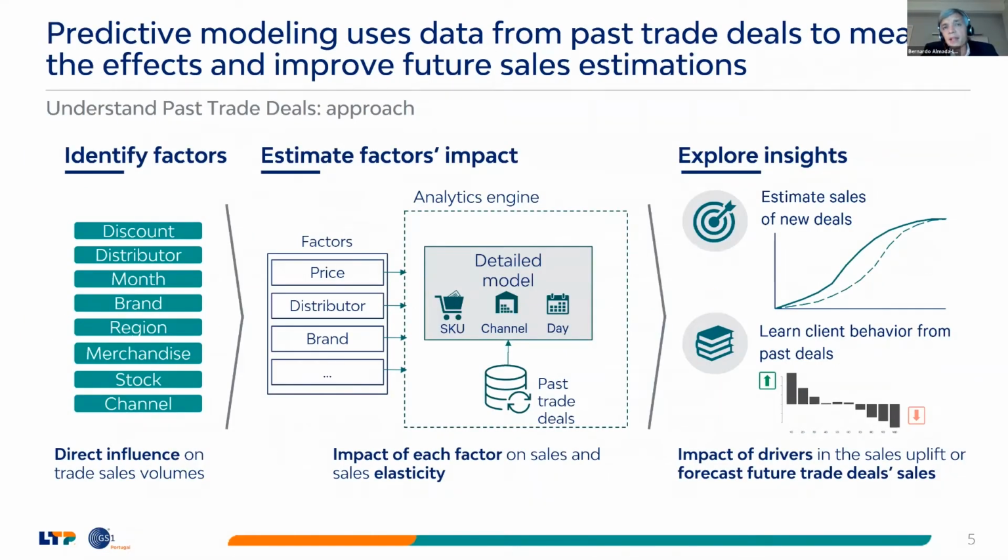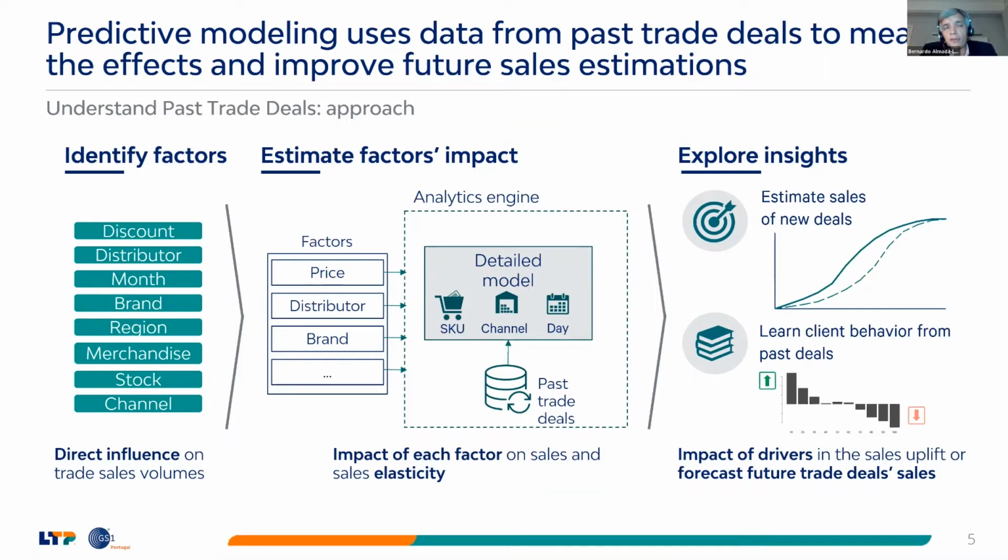And one of the things that analytics can help us is to try, based on the past trade deals that we have, to understand what are the drivers, what are the factors that have influenced past trade sales volumes.